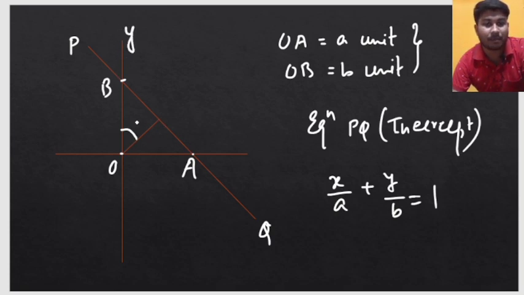Pi by 6 means 30 degrees, but the angle required is the one the perpendicular makes with the positive direction of x. If this is 30, then absolutely this value will be 60 degrees.